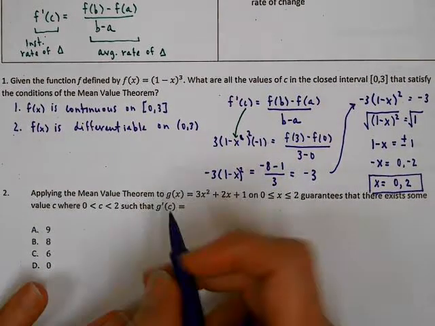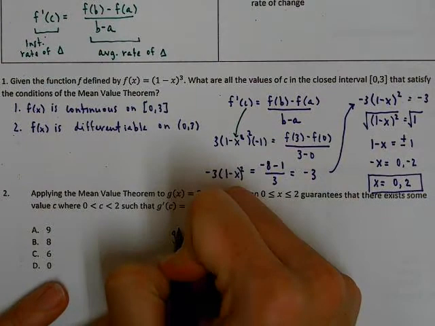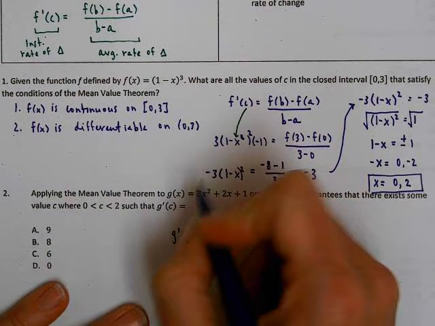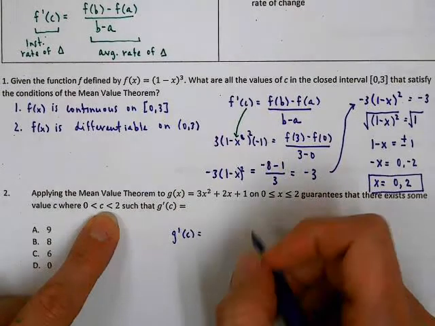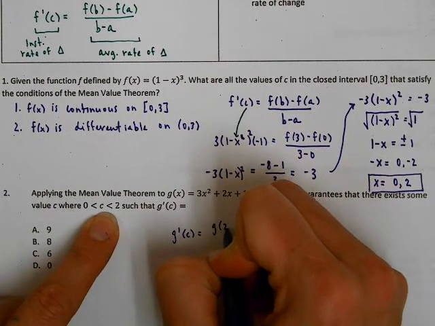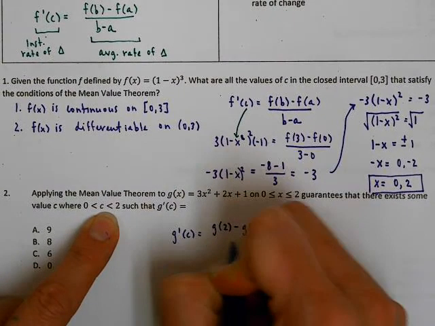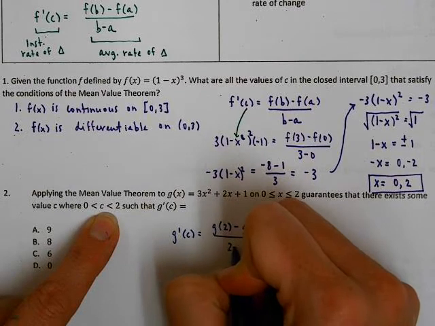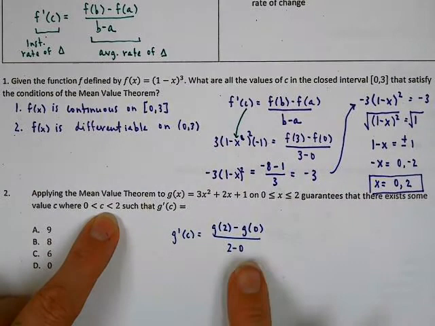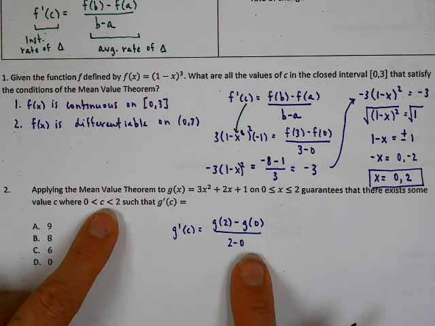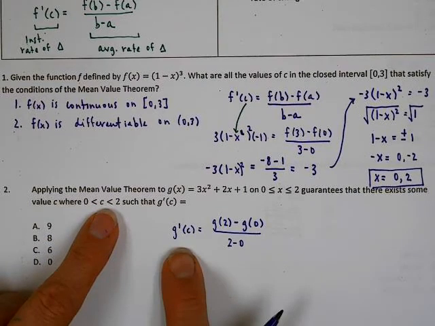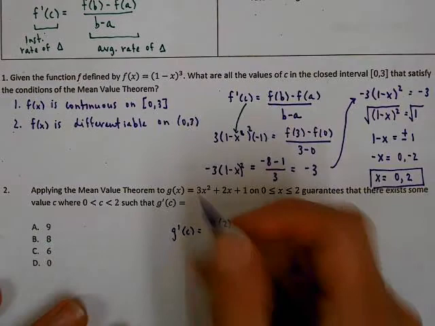If we apply the theorem, we know that g prime of c has to be equal to, on this interval, g of 2 minus g of 0 all over 2 minus 0. If we can solve for this average rate of change, then we'll know the value we're guaranteed to get for the instantaneous rate of change.